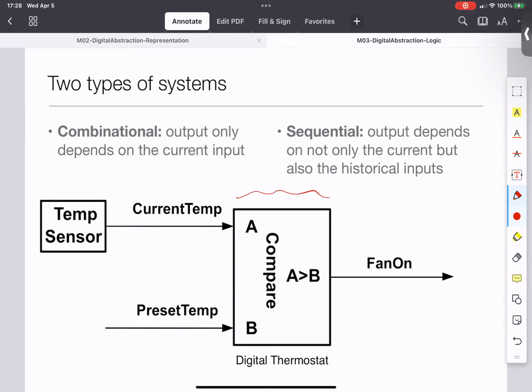If let's say there was a user who was continuously changing the preset temperature, then it would be more clear that this thing is behaving without any memory, without any dependence on the past.